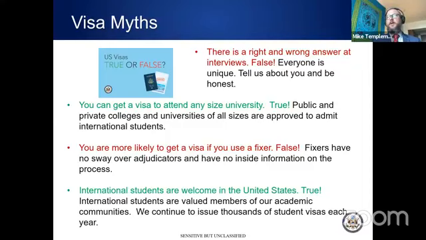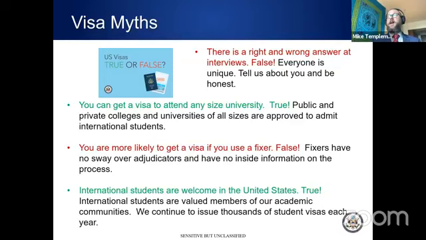One thing we note in particular in Pakistan is that a lot of people seem to think that if they go to a fixer or a visa consultant, they will be able to make a better application. In our experience, adjudicating thousands and thousands of visas, we do not believe this is true. There is no evidence to support that.